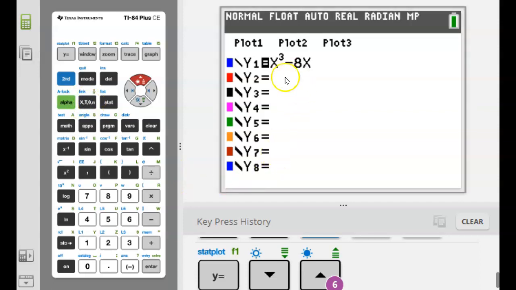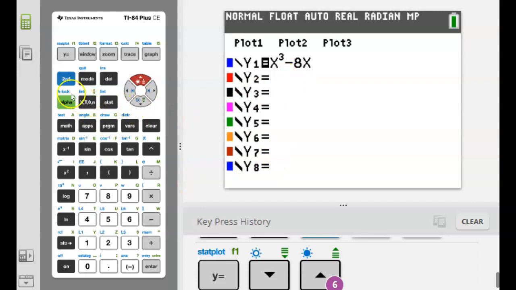The very first thing I need to do is find that X. That is next to the alpha, which is right below our second button. So it's the second button in, second button down, below our graphing buttons. You'll see an X, and it has a T, and then this round thing with a line through it. That's a theta, and it may have other symbols as well. So we're going to click that.